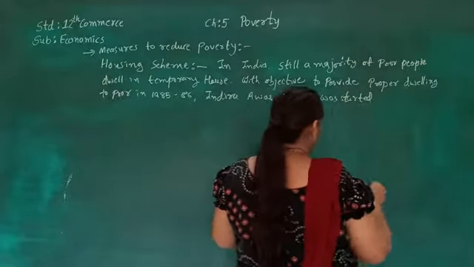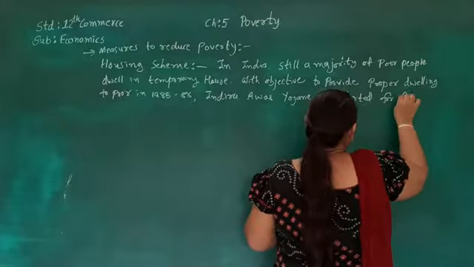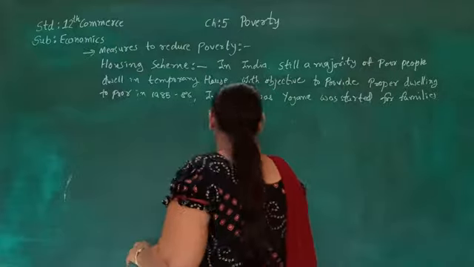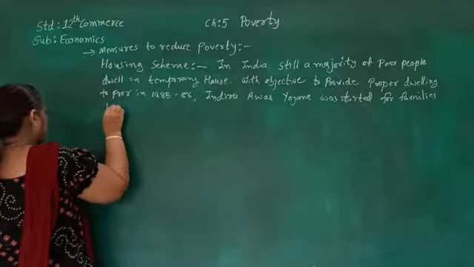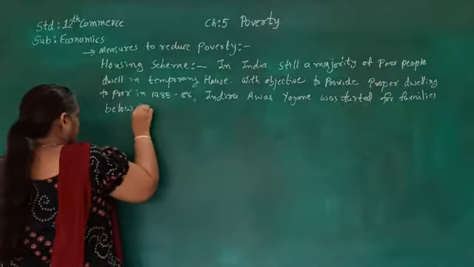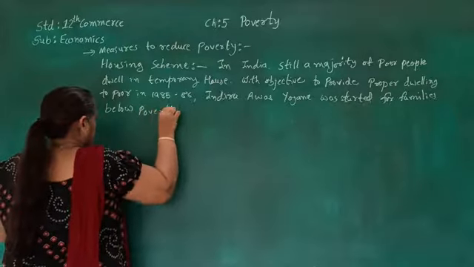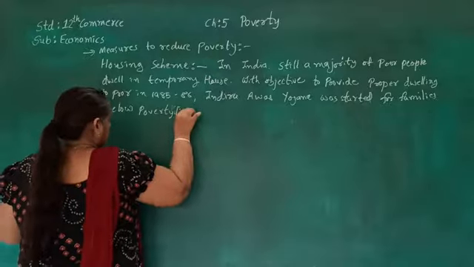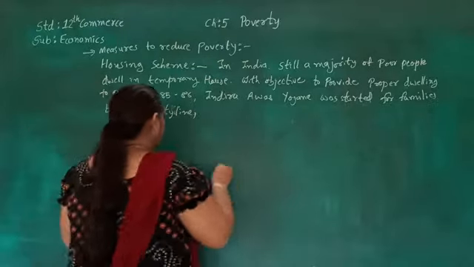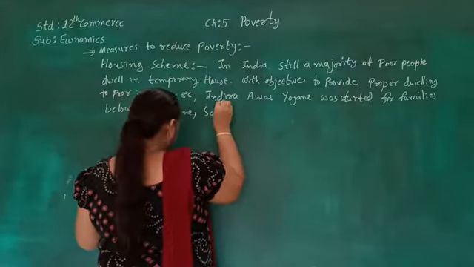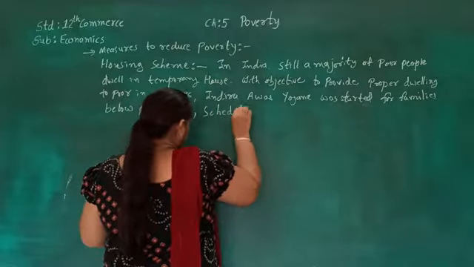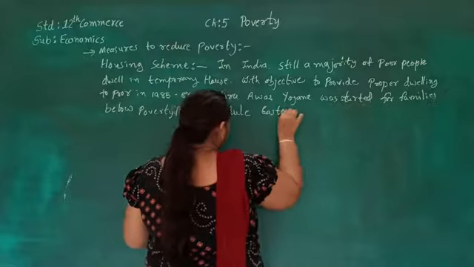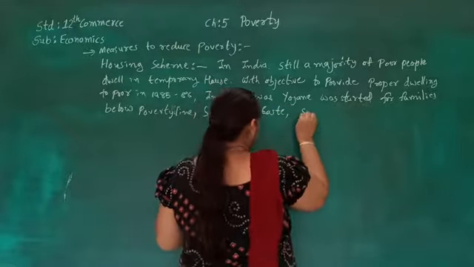Indira Awas Yojana was started for families below poverty line and scheduled caste and scheduled tribe.